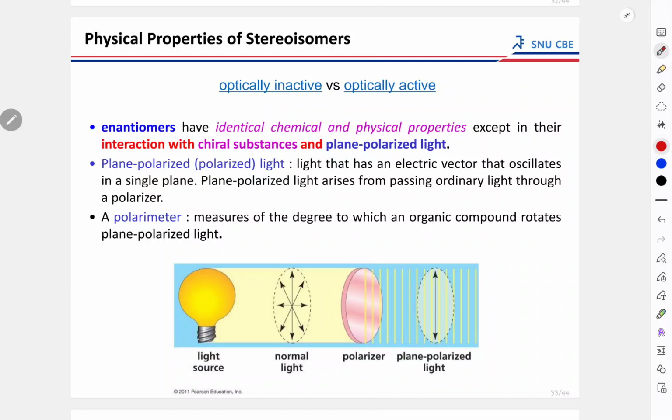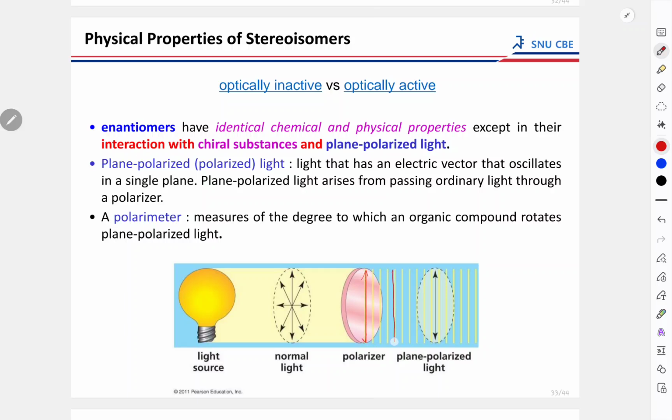Plane polarized light arises from passing ordinary light through a polarizer. So you have a polarizer that looks like this. There's a small slit, and only the single plane oscillating in this direction, this is the electric vector of the light, only this light can go through this polarizer. That's how you can create plane polarized light.